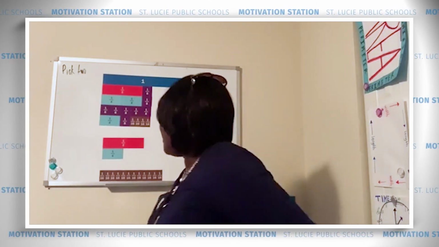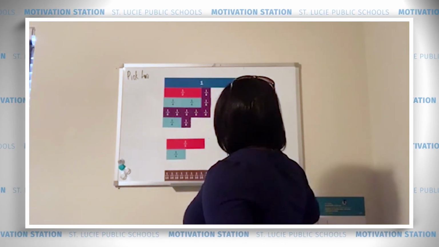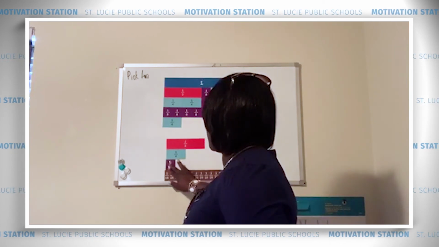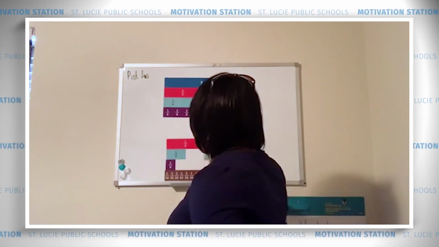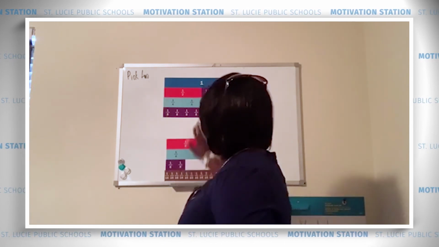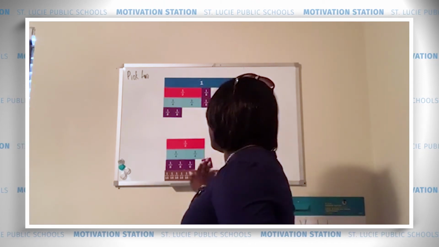Last round of pick 2. And I just want to show you guys that fraction equivalency is all about matching the fractions with other fractions that are equal in size and length.